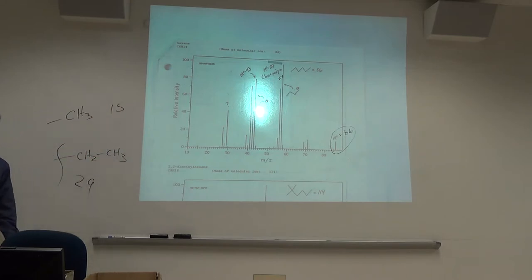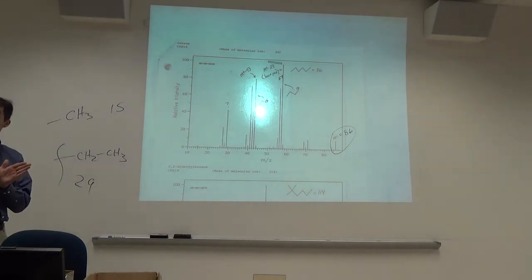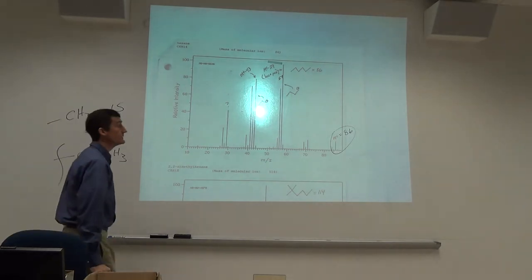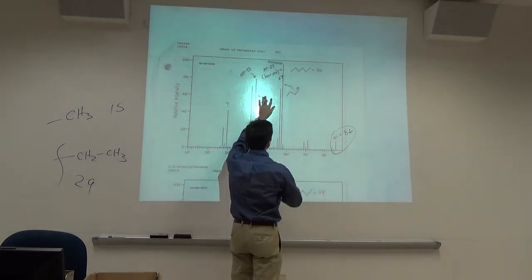M minus 15, M minus 29. What if you lose a propyl? 43. Okay, so there are some basic things you can lose: lose 15, lose 29. M minus 29, it looks like this lost an ethyl.